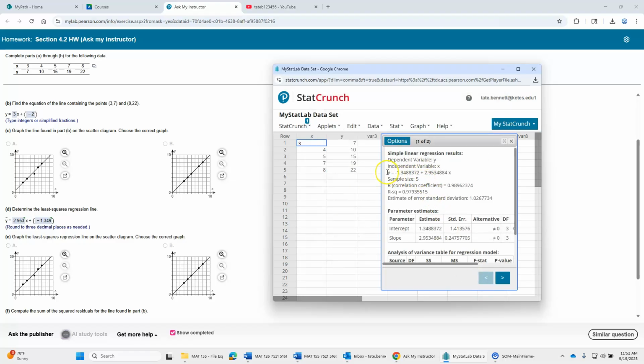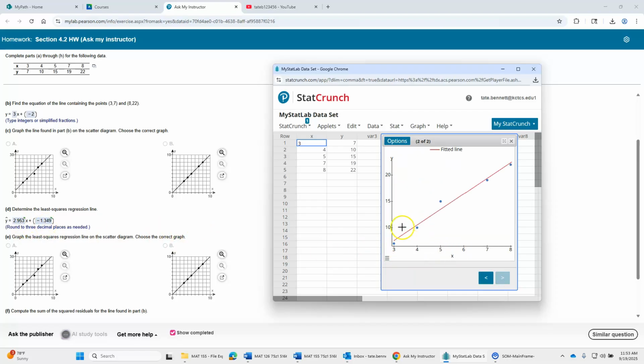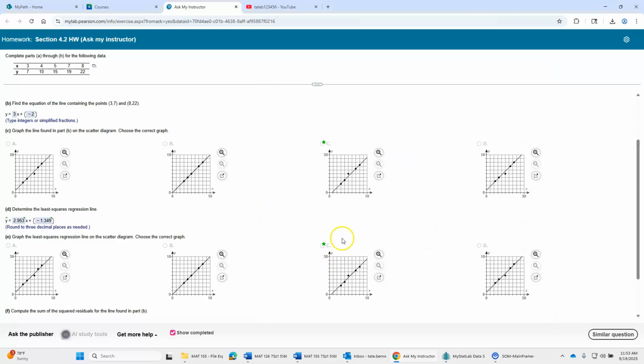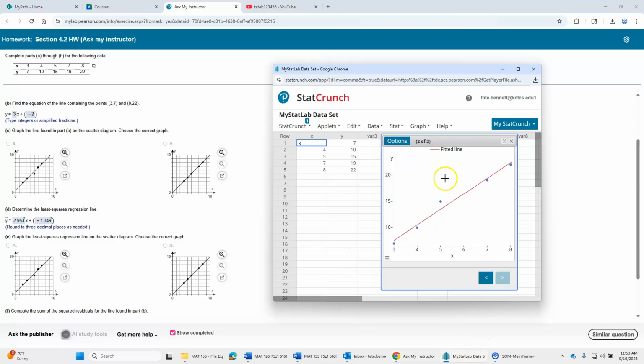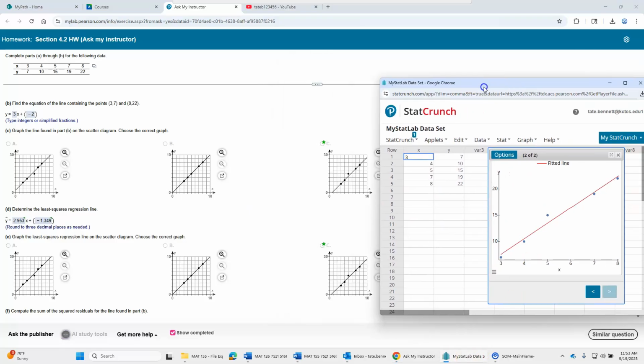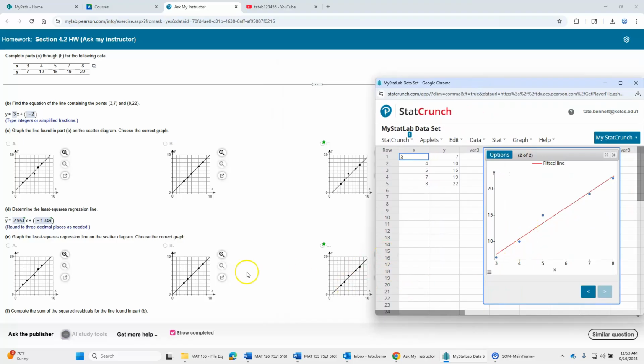And right here it gives us the least squares regression line. Now it doesn't have it in the right order. It's 2.953x here, which you'll find right here. Then it has the y-intercept there. If you click this arrow here, it shows you graphed, which must be this one here. So that must match.